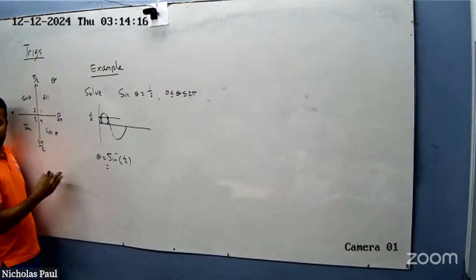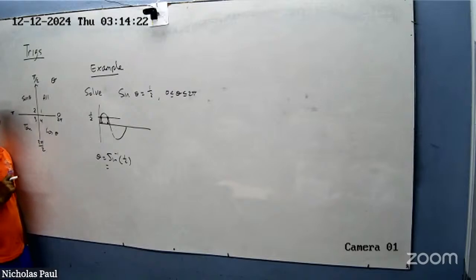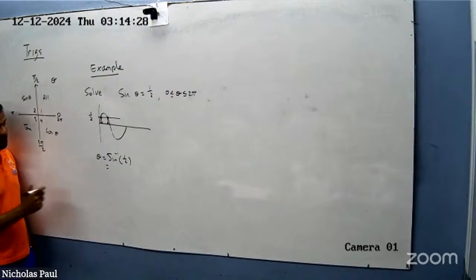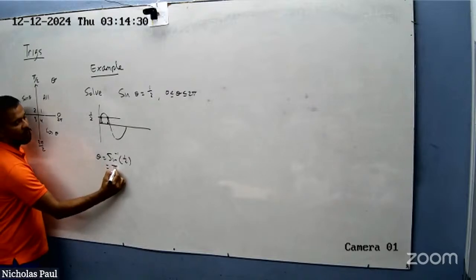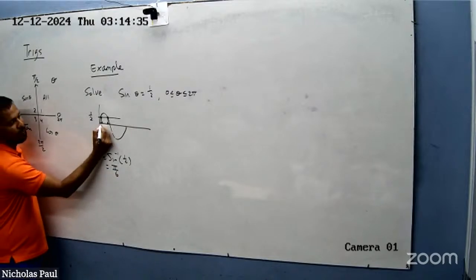You should know this, you should not go to the calculator with this value. The value is pi on 6. So the first answer is pi on 6.